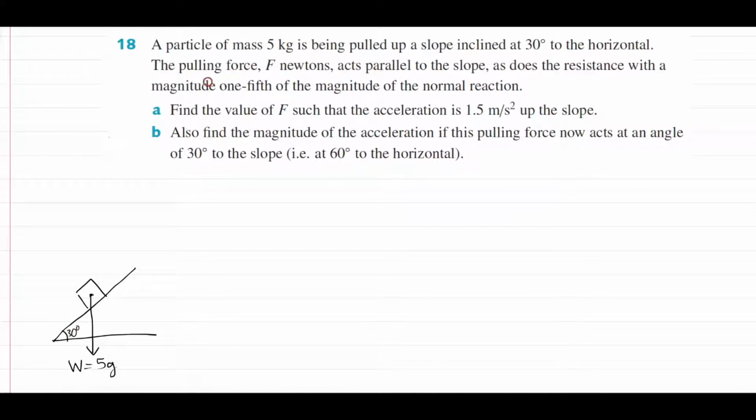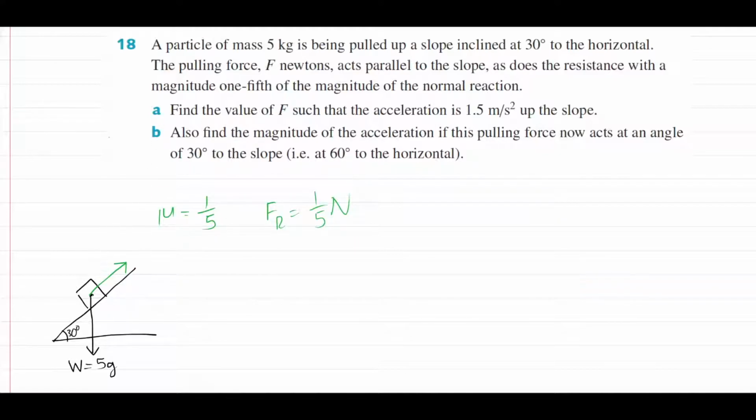Okay, let's keep reading. The pulling force F newtons acts parallel to the slope, as does the resistance, with a magnitude of 1/5 of the magnitude of the normal reaction. So you have a force pulling it up the plane, parallel to the slope, and you have a resistance. So there is friction here. Resistance we know is 1/5 of the magnitude of the normal reaction, so basically Fr equals 1/5 of N. So mu is 1/5.